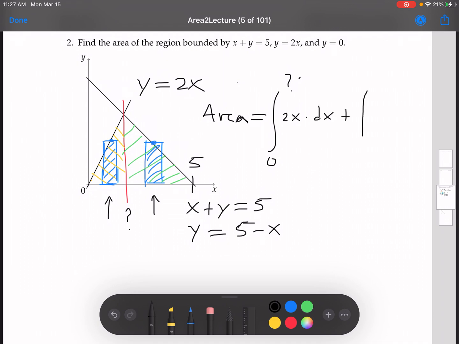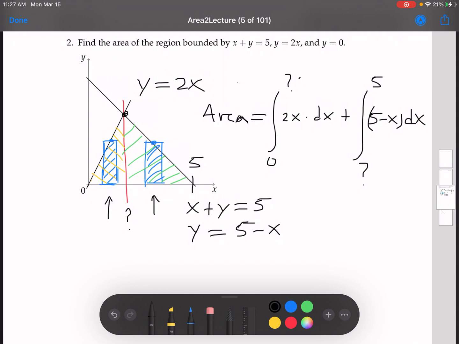Then we're going to start at question mark and go to 5. And here our topmost function is 5 minus x, so we have 5 minus x dx.